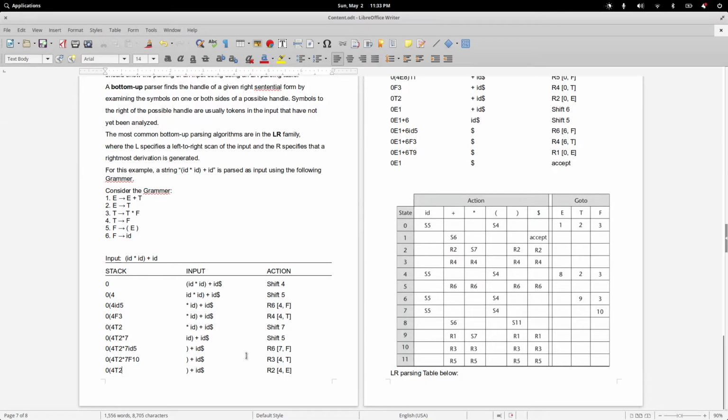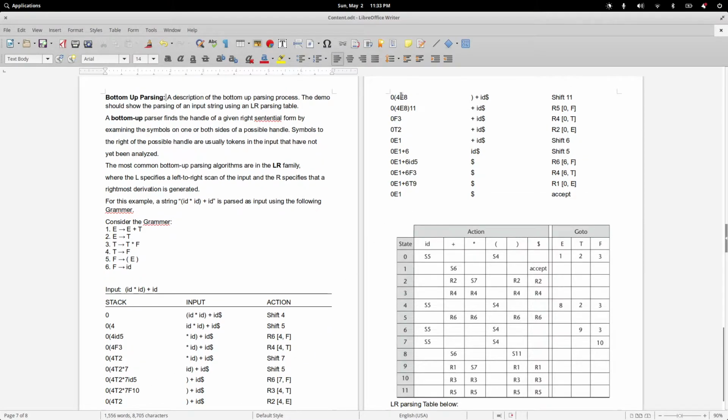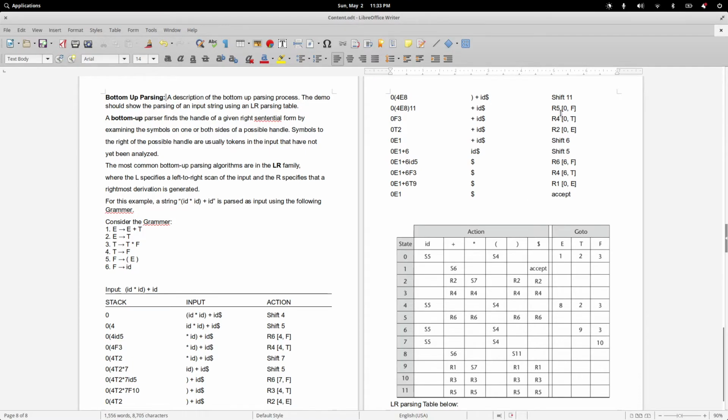2 closing parenthesis now, we get R2, which is rule 2, and rule 2 says that T becomes E, so now we convert our T to E, and now 4 E is go to 8. So now we're looking at 8 with the closing parenthesis, and 8 closing parenthesis tells us that we shift 11.